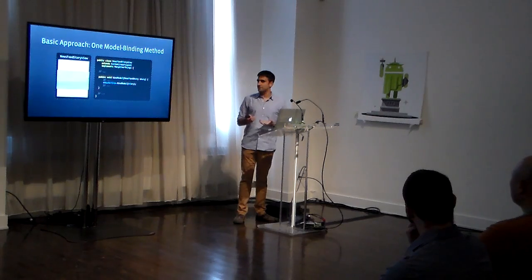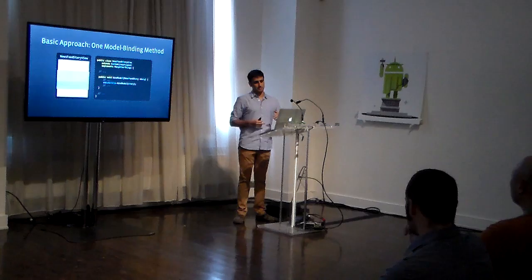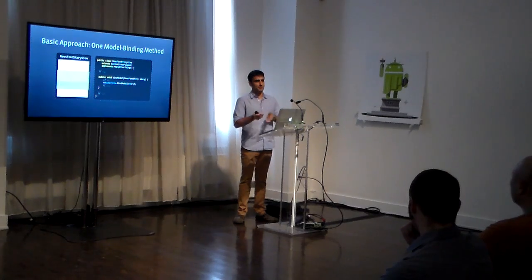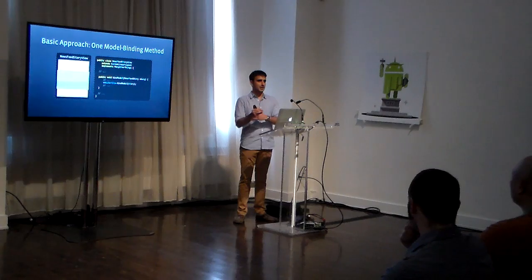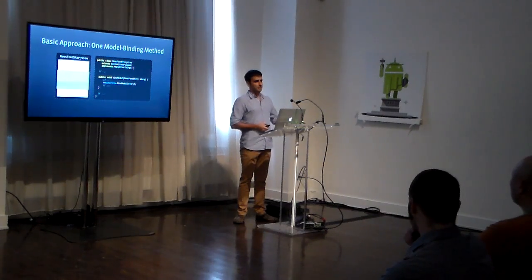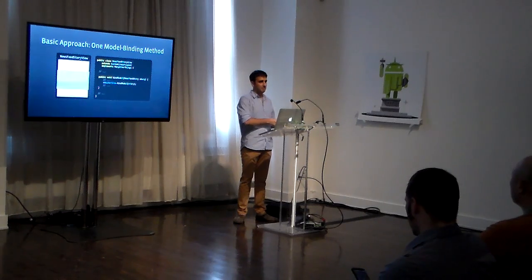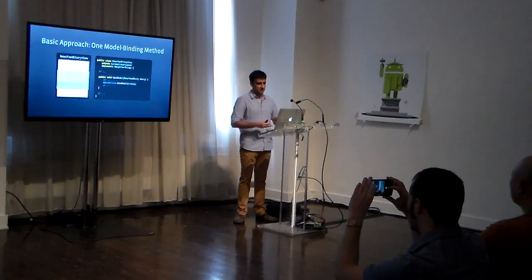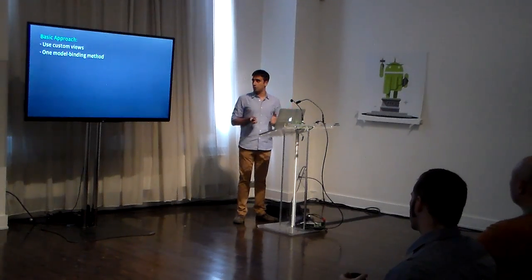So you have newsfeed story view taking a newsfeed story, and that in turn will call each part of it on its own bind model. So we take the story and pass it to the header view's bind model, and the header view will probably be at the top of this hierarchy, and we take the title of the story, set that on the right text view, take the profile image URLs, and start an image request for that, and so on. And this is the basic approach.